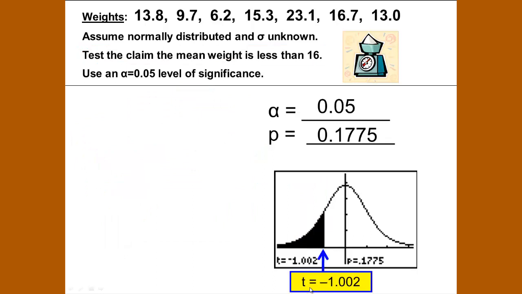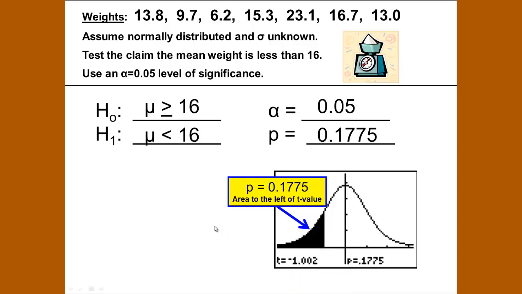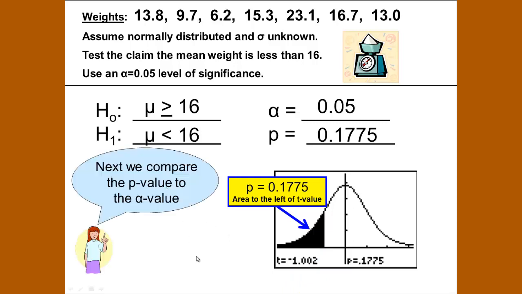Notice that it calculated the t-value for us and gives us negative 1.002, and the p-value is given as 0.1775 in the graph. So remember what our null and alternate hypothesis were, and next we can compare the p-value to the alpha value.